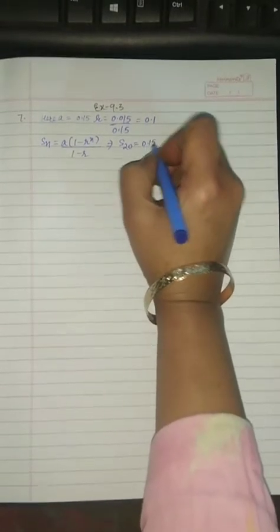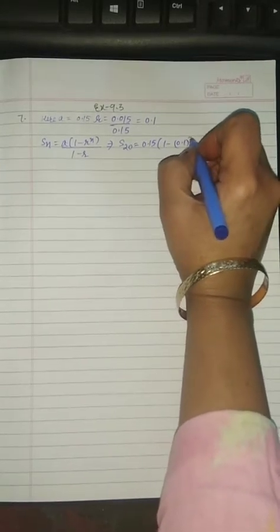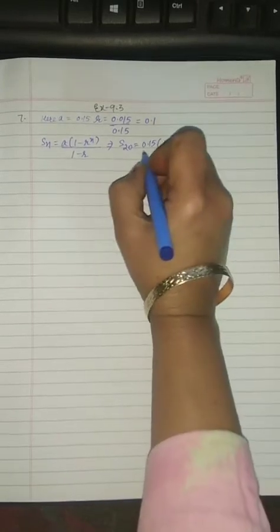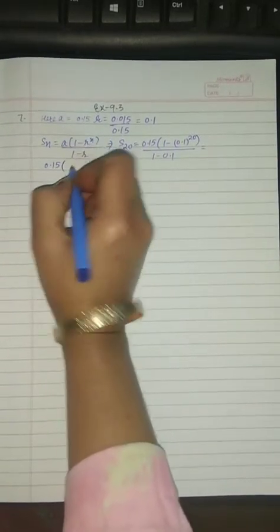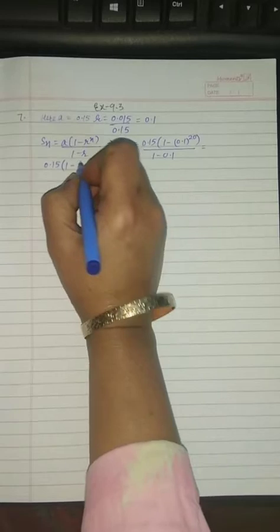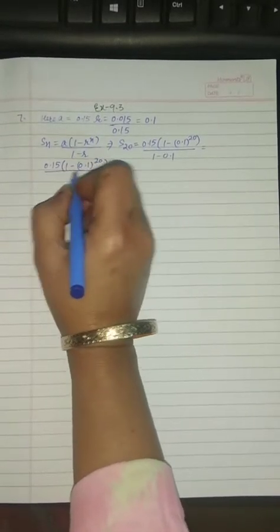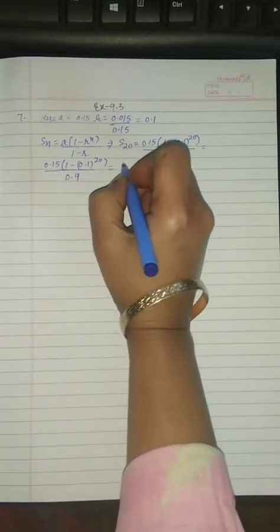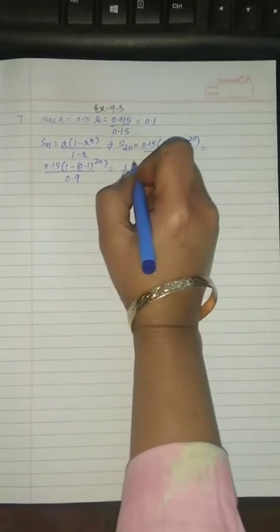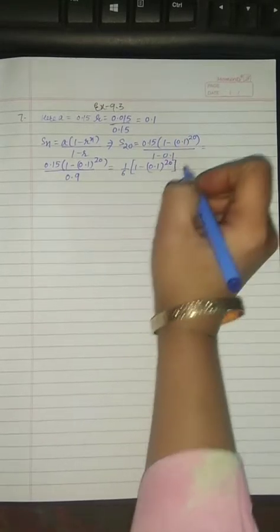So 0.15 into 1 minus 0.1 raised to power 20 upon 1 minus 0.1, which gives us 0.15 into 1 minus 0.1 raised to power 20 upon 0.9. Now on simplifying, we get 1 upon 6 into 1 minus 0.1 raised to power 20 as the answer.